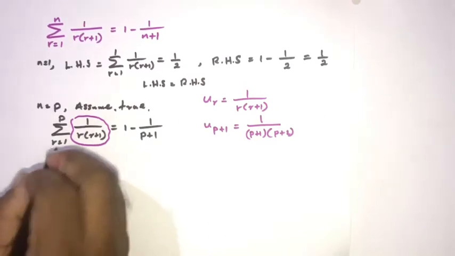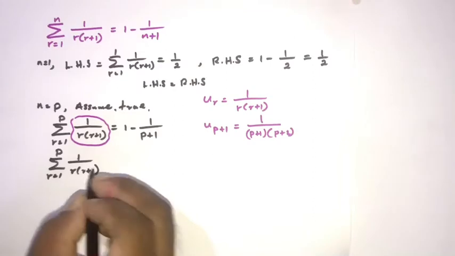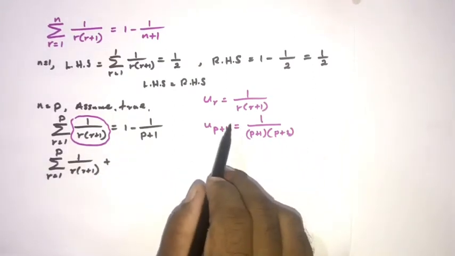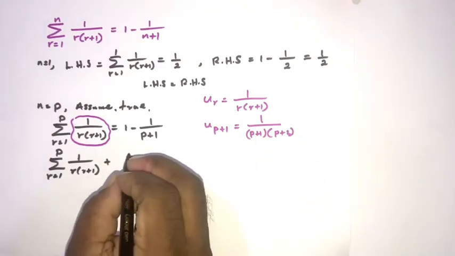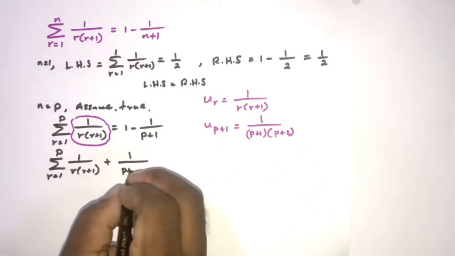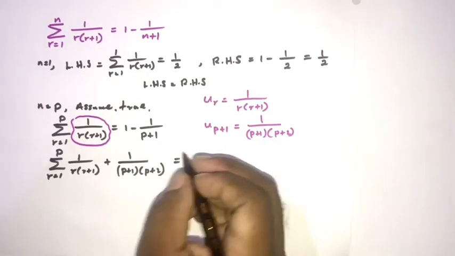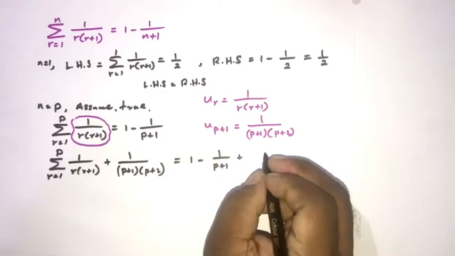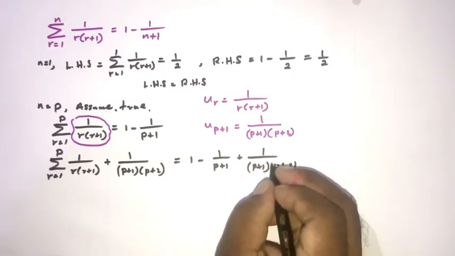As a next step, we have the sum for r equal to 1 to p of 1 over r plus 1, and we add this part to both sides. So here we have plus 1 over p plus 1 times p plus 2, and this is equal to 1 minus 1 over p plus 1 plus 1 over p plus 1 times p plus 2.